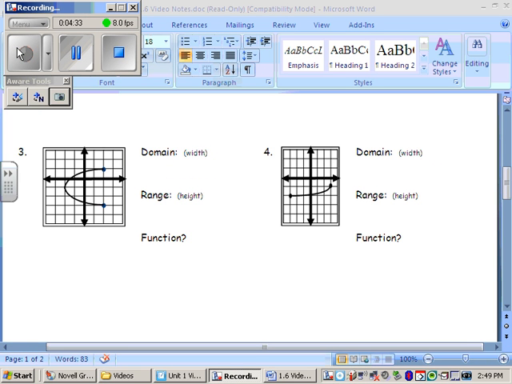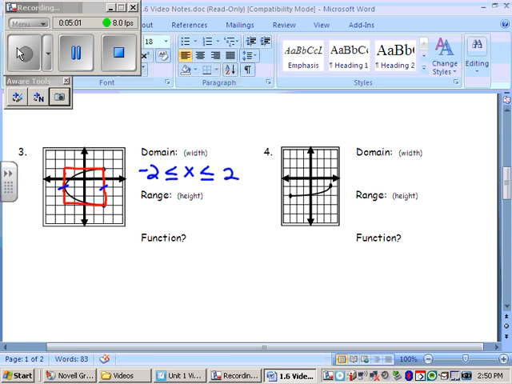In problem 3, again, we will start by drawing a box around our graph. In this particular graph, if we focus in on the domain, you can see on the left, we're at -2 on the x-axis, and on the right, we're at +2. So we will write our domain as -2 is less than or equal to x, which is less than or equal to positive 2.